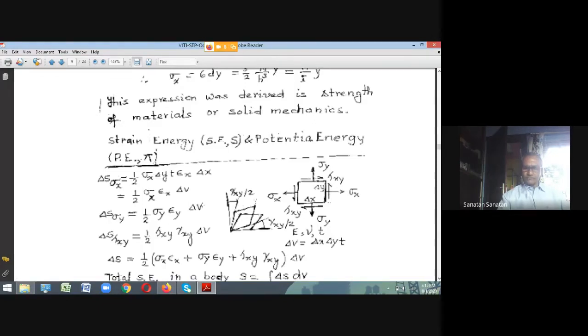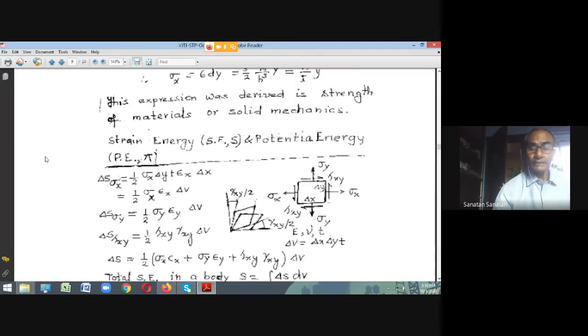Similarly, for stress tau xy, what is that? If an element is actually subjected to this, its form becomes like this. It becomes actually a rhombus, like you see. So herein, the vertical edge has rotated towards x direction by gamma xy by 2.